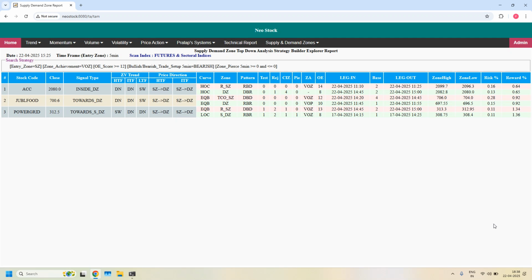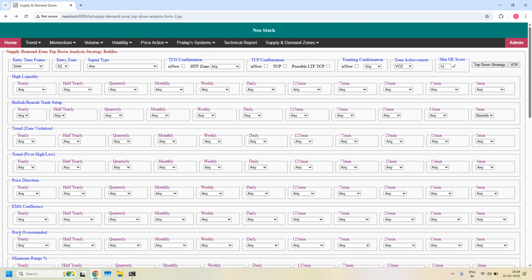So at present, these 3 stocks are supporting bearish trade setup for hourly income trade. And entry time frame zones are 5 minutes supply zones. Out of these 3 5-minute supply zones, how many have ITF supply zone confluence? Let us verify. 5 minutes with 15-minute supply zone confluence.